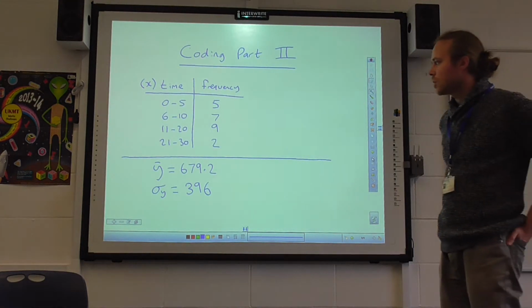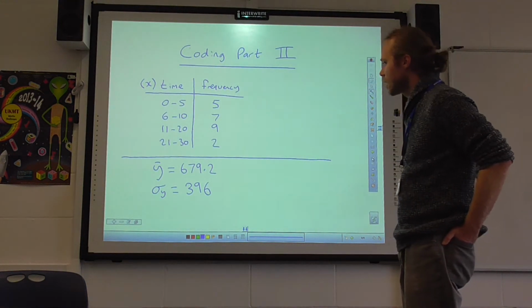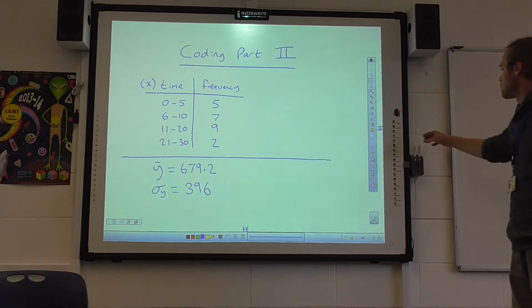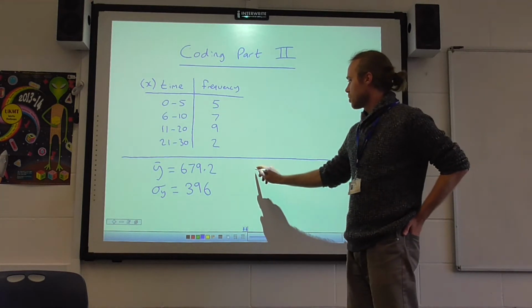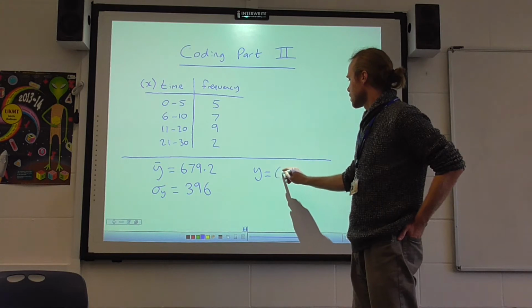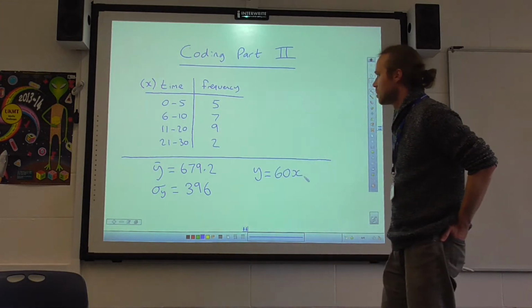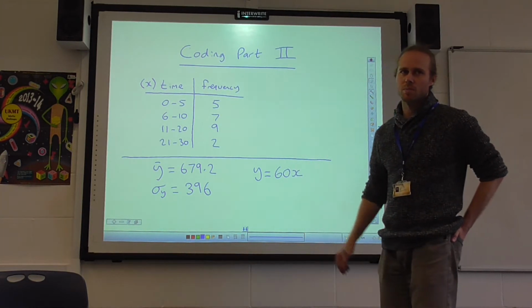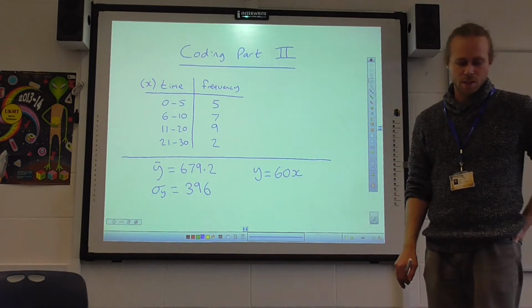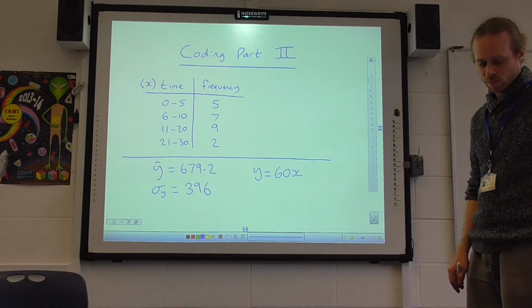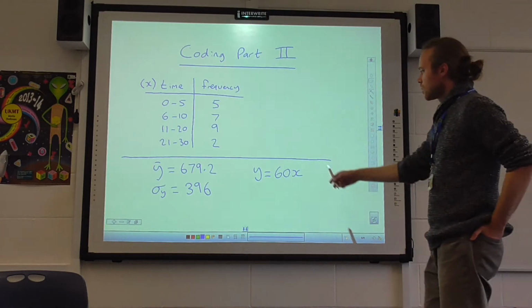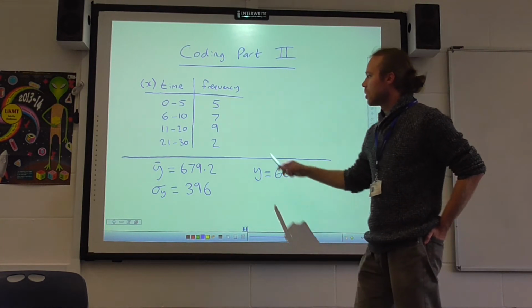So could you write an equation that links x and y together? Hopefully you've written down y equals 60x, because x is in minutes, so you would need to multiply that by 60 to get the number of seconds. So this is your code between x and y.